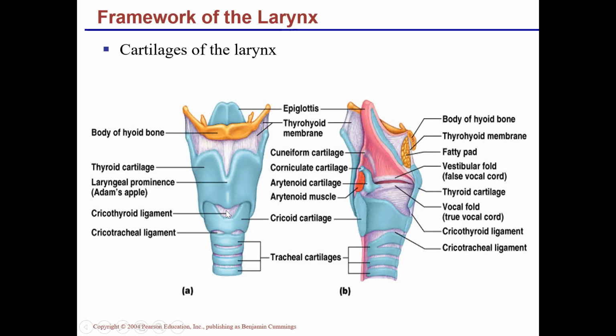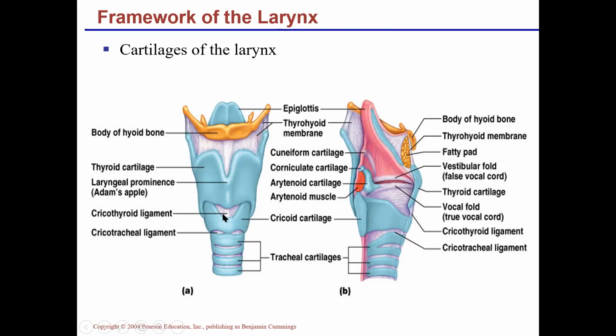So this spot is where you can actually use a sharp tool to poke a hole right here. So the air, instead of going up this way, can go in and out this way. So you can help maybe save someone's life.